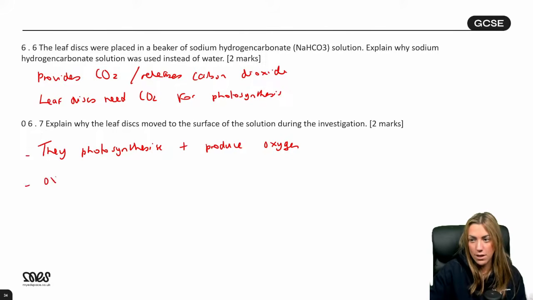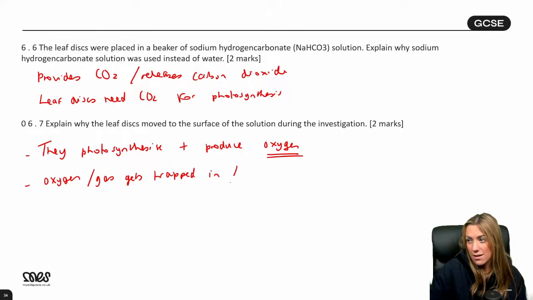Why will they float? So the oxygen, or at this point you could call it gas because you've already said oxygen for marking point 1, gets trapped in or around the leaf discs. Or you could even say the oxygen bubbles, or the gas bubbles, get trapped in or around the leaf discs.